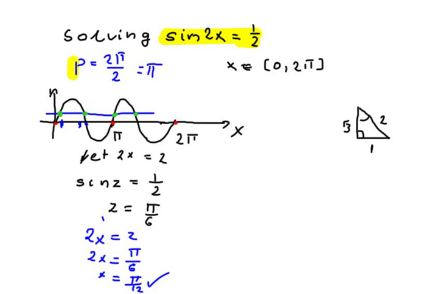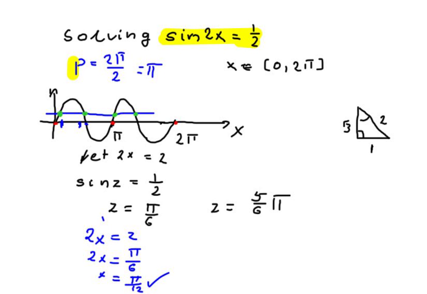Or I may remember from the past that the second solution for z, when sine is also positive, is pi minus pi over 6, which will give me 5 over 6 pi.